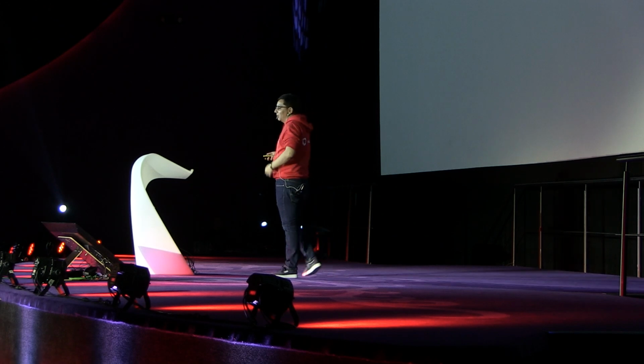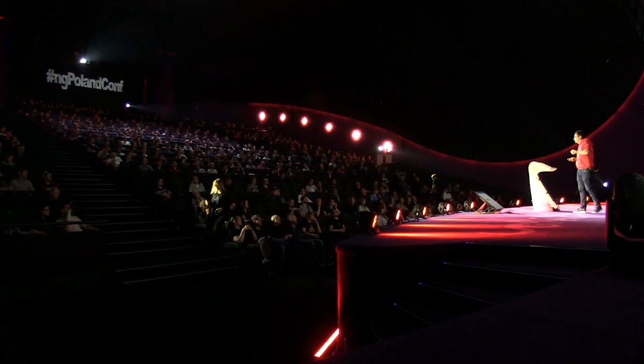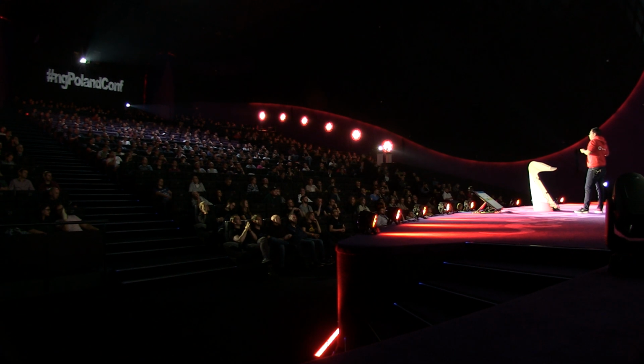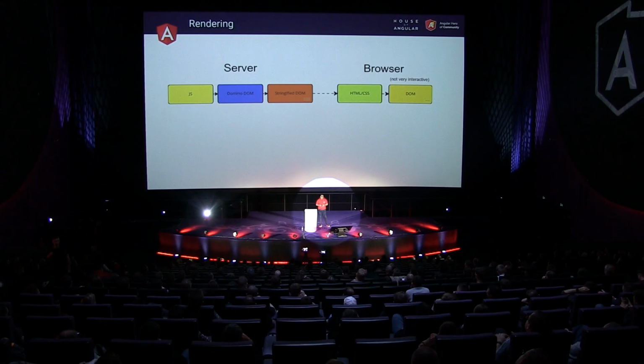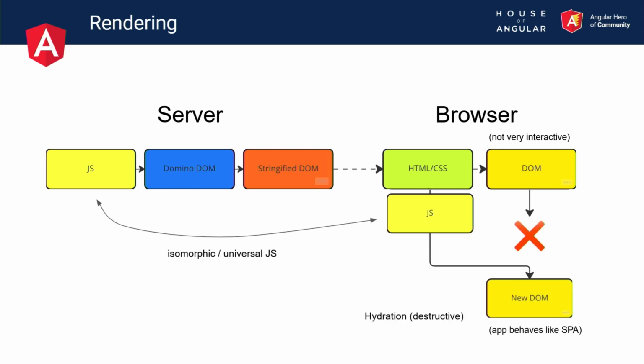And once that DOM gets generated, it can get stringified into transportable HTML. So if it magically finds its way to the browser, then the HTML and CSS can get immediately turned into DOM. That's not very interactive because there is no JS, so you're just seeing stuff, you cannot interact with it. But somewhere in the background, JS will get loaded and executed, and that JS will create a new DOM, and this process is called hydration.